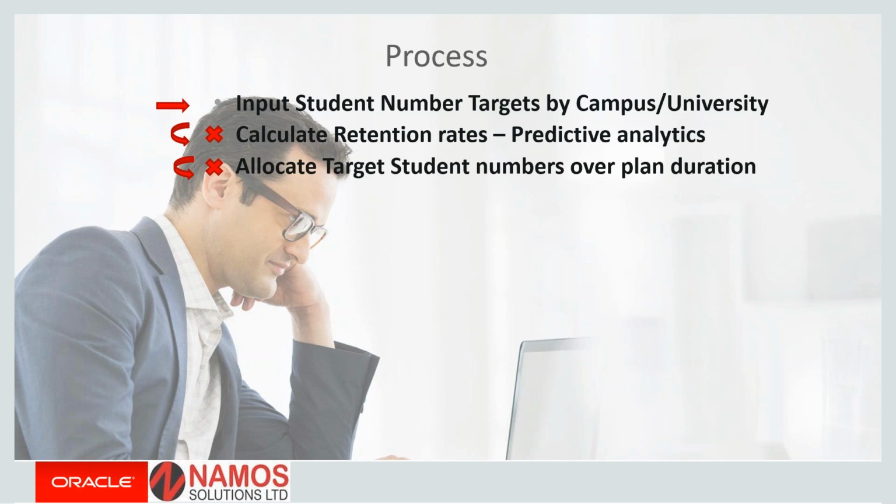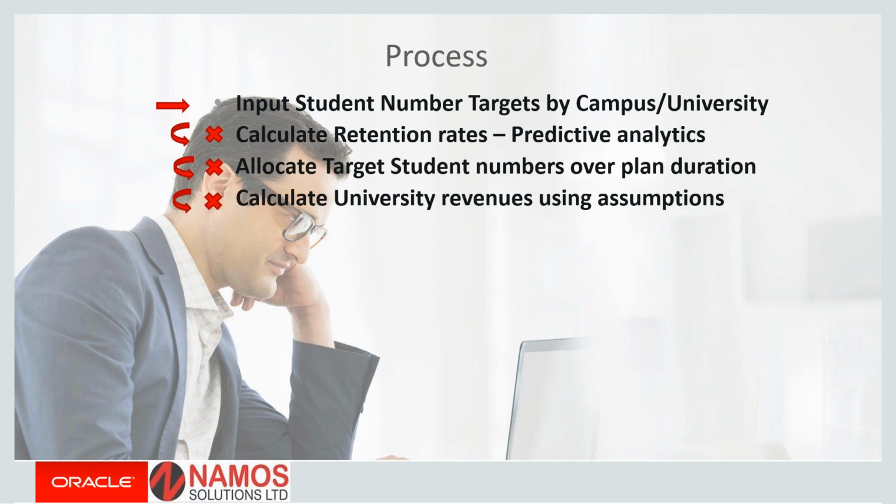Once I have those student numbers, I will allocate them over the planned duration, and down to individual faculties or departments. Once I have that allocation done, I'm going to use some embedded assumptions for tuition fee revenues and other revenues, and I'm going to calculate the total income or revenue for the university over the life of my model.